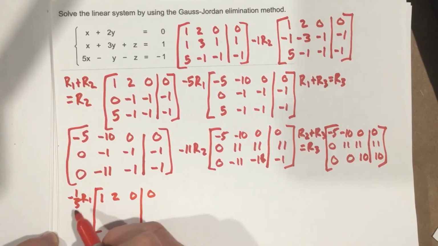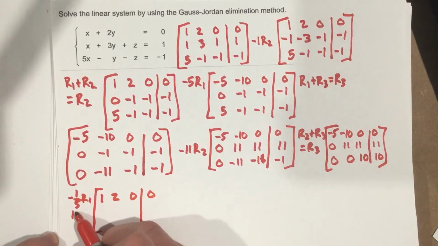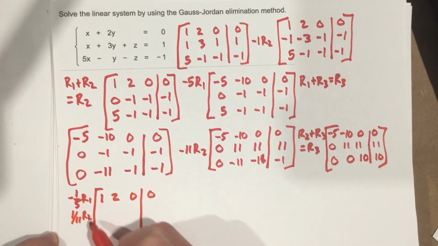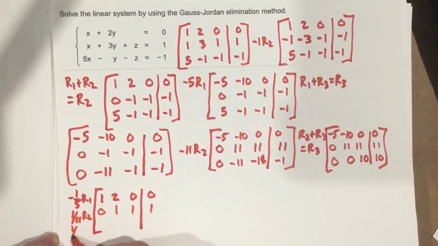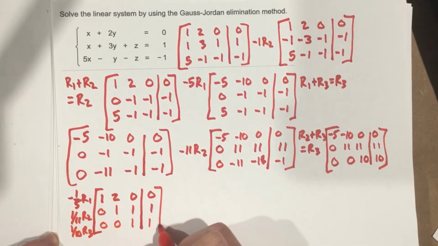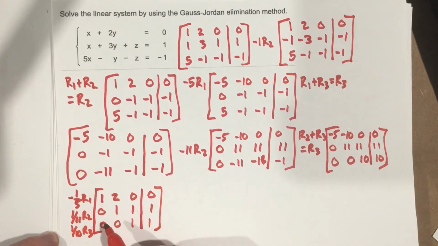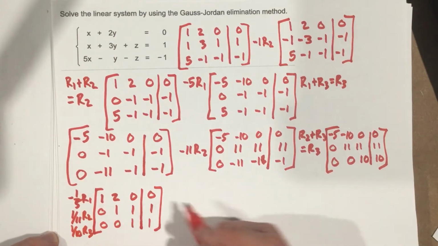Let's do the same thing with the middle row. So we end up with 1/11 R2, and we get 0, 1, 1, 1. And let's do 1/10 on the bottom. That's 0, 0, 1, 1. Sometimes I like to take them down to smaller numbers so we can easily see what we need to do next.